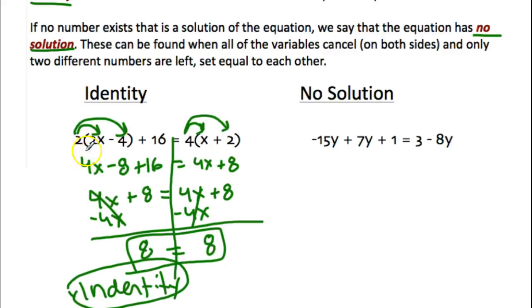That means any number that I plug in for x will work. All right, I want you to choose a number. Let's see if it's the same number that I choose. I chose 2. Did you choose 2? If you did, that was crazy. If not, it's okay. So I'm going to plug in 2 here, and I'll just do it talking out loud. So if I put in a 2 for this x, I need to solve the parentheses first. 2 times 2 is 4. 4 minus 4 is 0. 2 times 0 is 0.